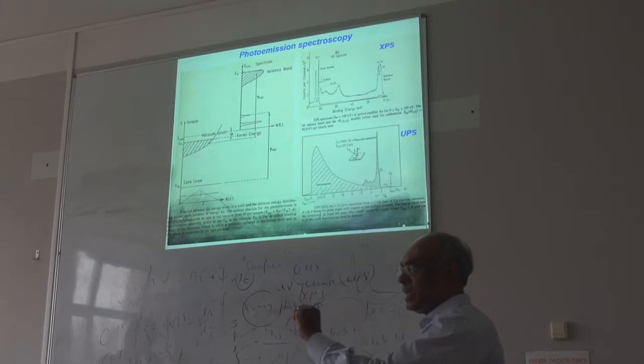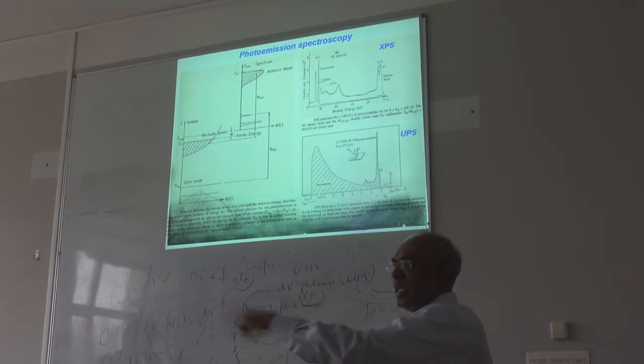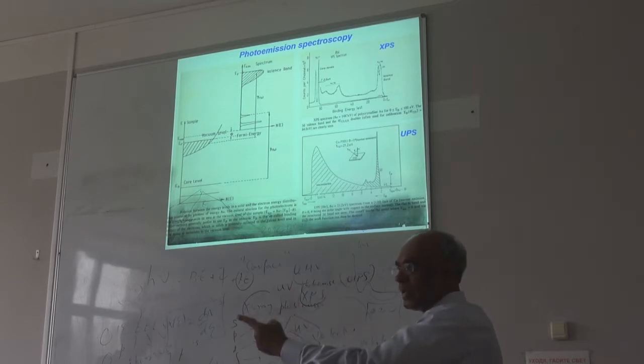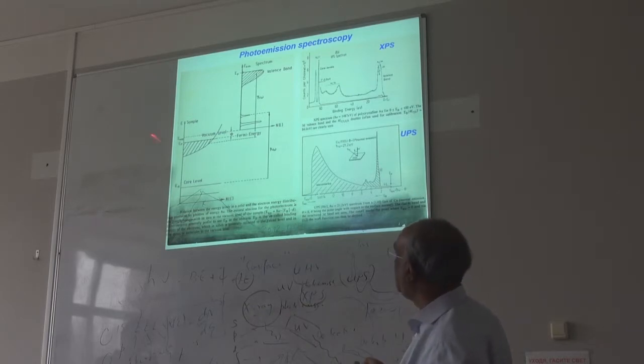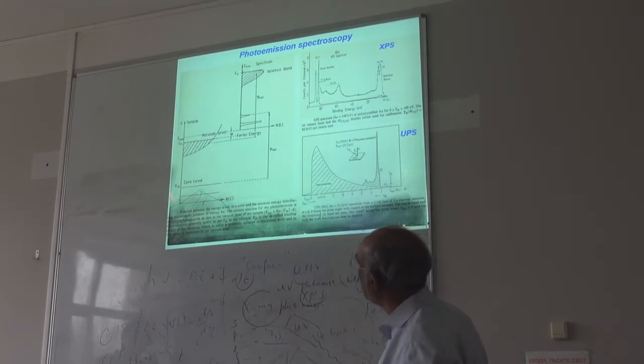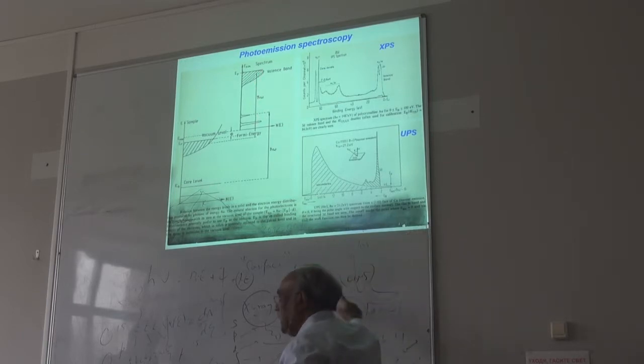X-ray has high energy, right? So it ejects mostly the core electrons. UPS, ultraviolet, ejects electrons from the valence band, not from those. So now you can see the energy of the outcoming electron.